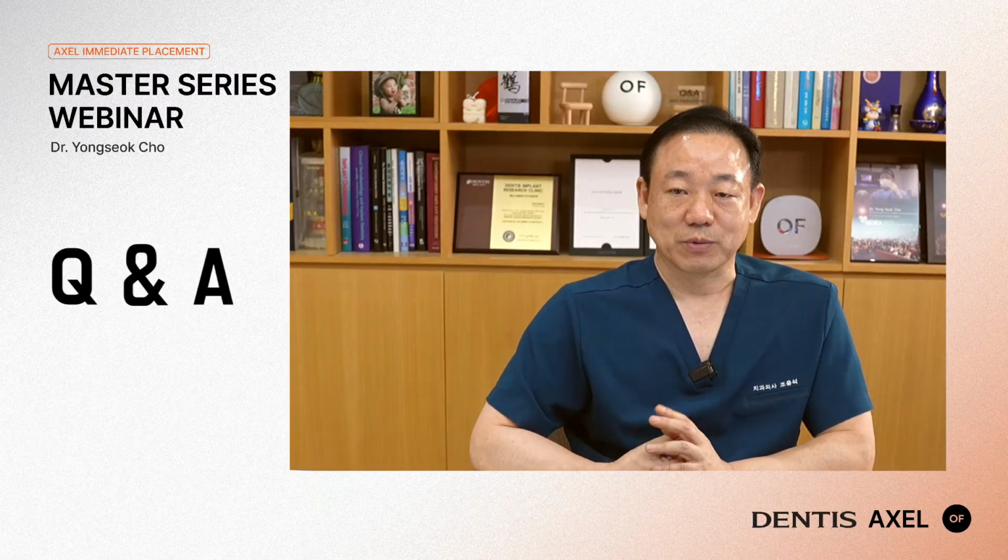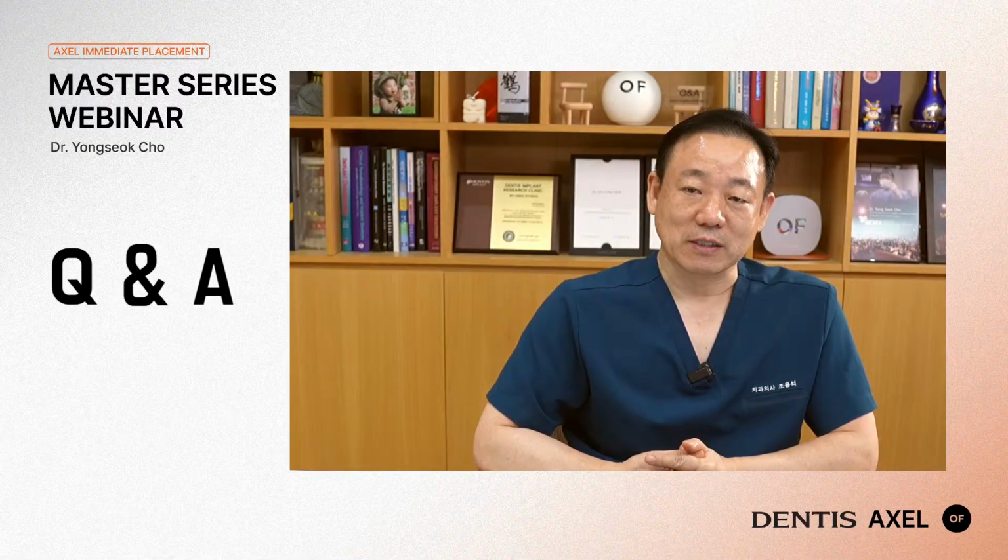And one more thing is, I don't prefer socket preservation. I just wait without grafting in delayed implant case. I will explain about my concept in the next webinar. And granulation tissue is useful in case of maxillary anterior case.